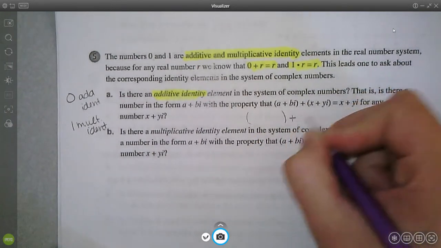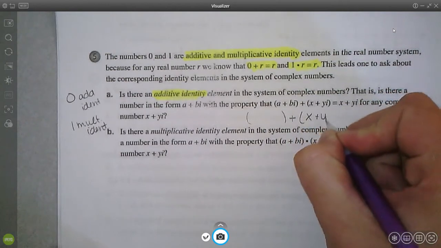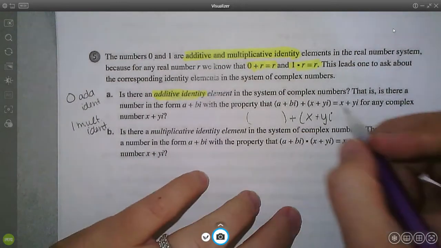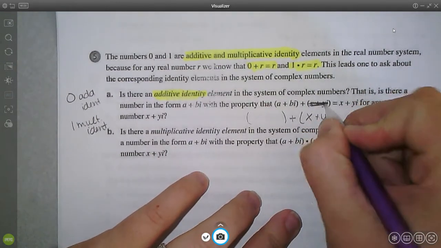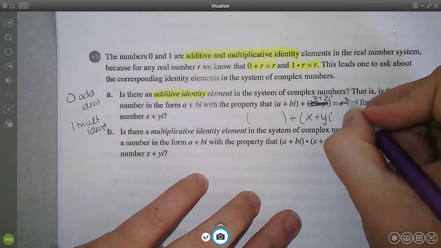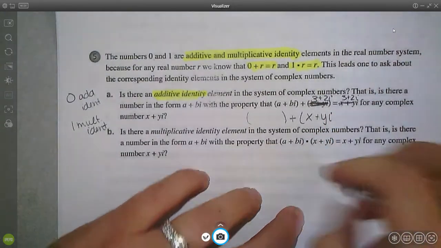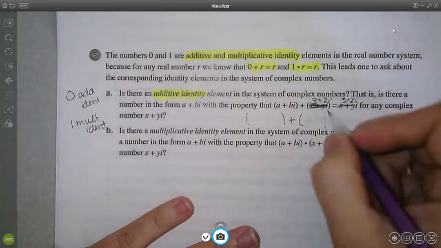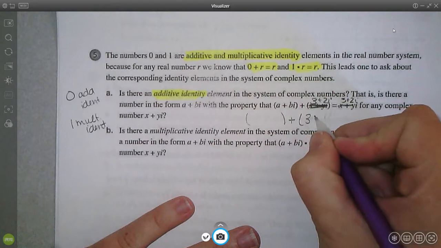And if you add it to x plus yi, and actually to make your lives easier for understanding, let's just change this. Let's change this to 3 plus 2i, and change this to 3 plus 2i. That'll be easier for you to think about, I think. If you want, you can use what was originally there, that's fine.